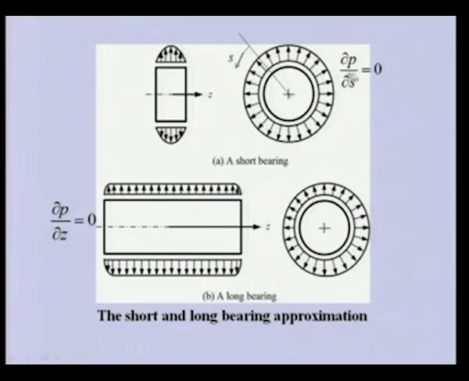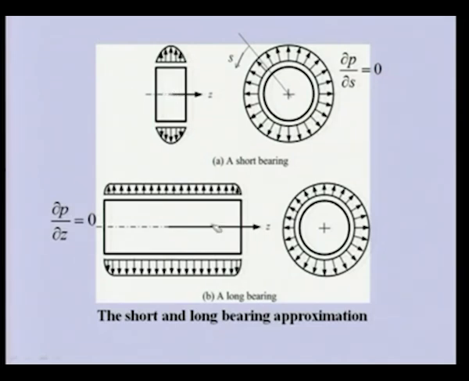So for short bearing, the circumferential direction pressure variation we ignore. So the Reynolds equation will contain only derivatives with respect to z. That will be an ordinary differential equation, and that can be solved.